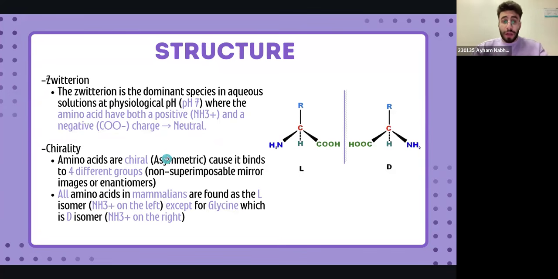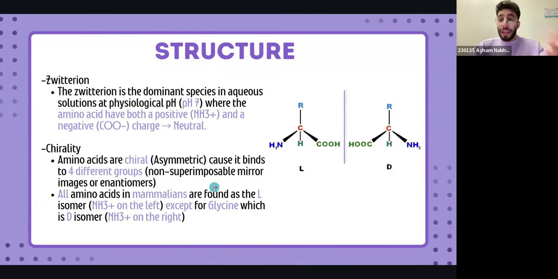The chirality of the amino acid is going to depend on the groups that are bound to the central carbon. And as we do have four different groups, the carboxyl, amine, hydrogen, and the R group, that would make the amino acid a chiral or asymmetrical amino acid, because these groups are different from each other.